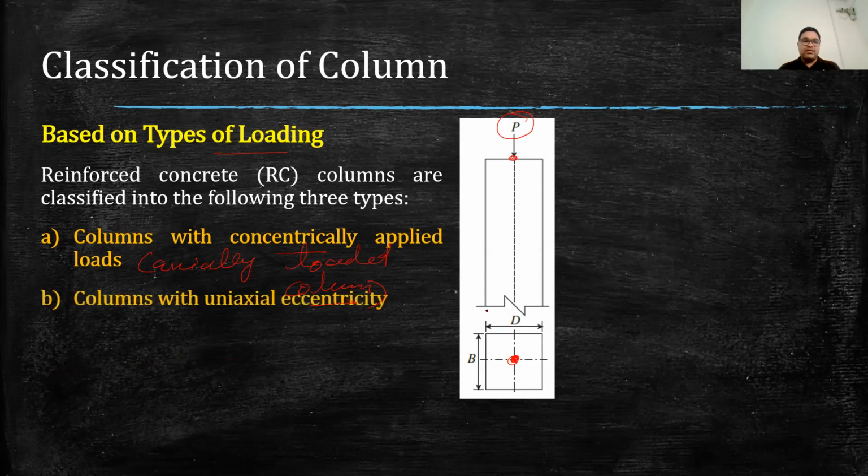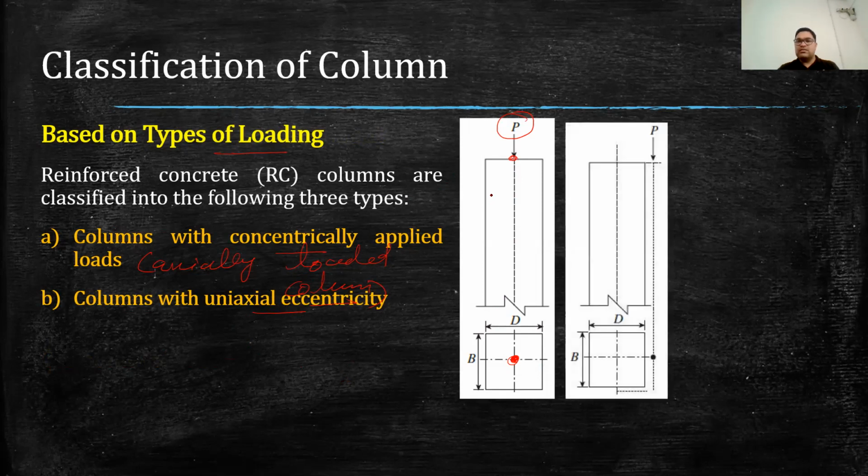Then second is columns with uniaxial eccentricity. In this case, the load is not applied exactly at the centroid, but it is parallel to one of the axes. You can see here the load is applied at some eccentricity. In the first case, it is exactly at the centroid.